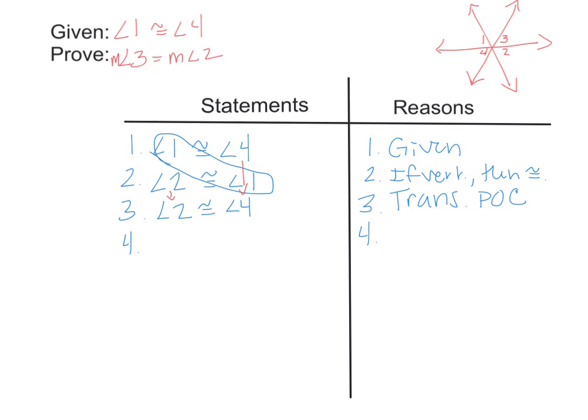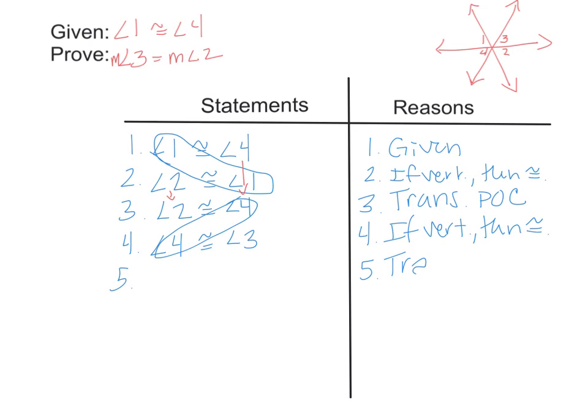3's up in our proof statement, so we've got to figure out where that goes in. Well, I look and I see 3 and 4 are vertical. So now I'm going to do the same thing. Angle 4 is congruent to angle 3, so I can link my 4's, because if they're vertical, then congruent. And now I see my 4's can be linked, and that is my transitive POC. So angle 2 is congruent to angle 3.